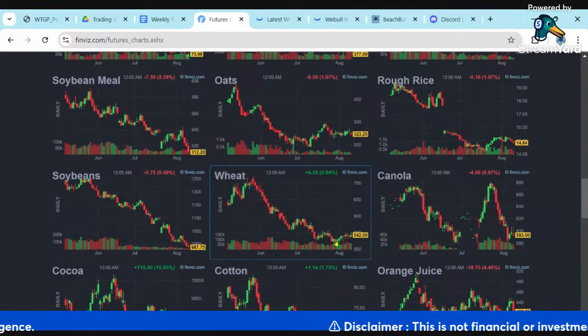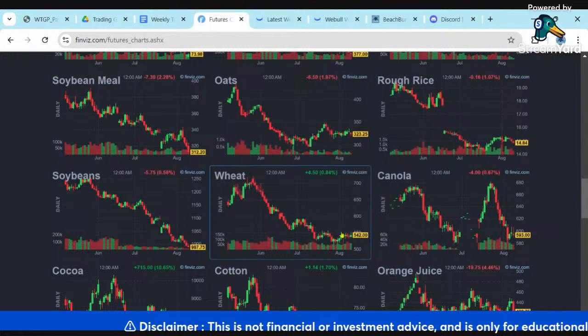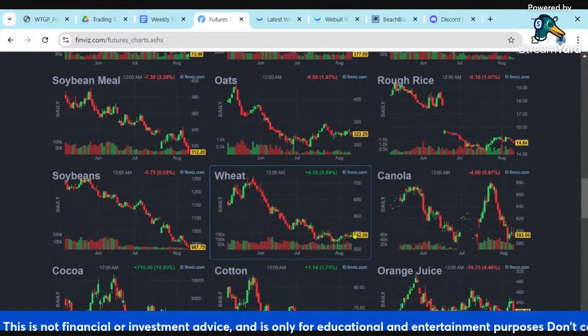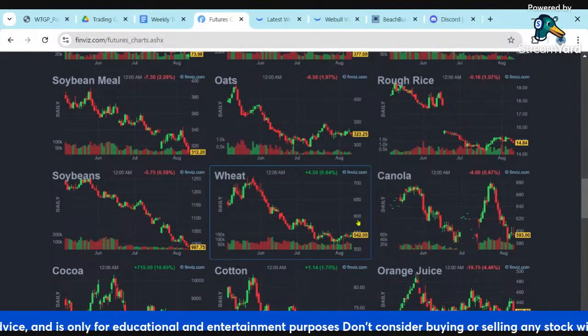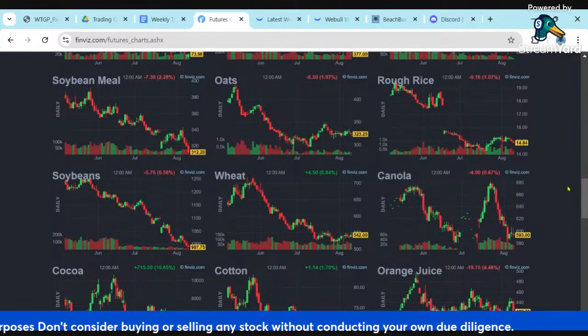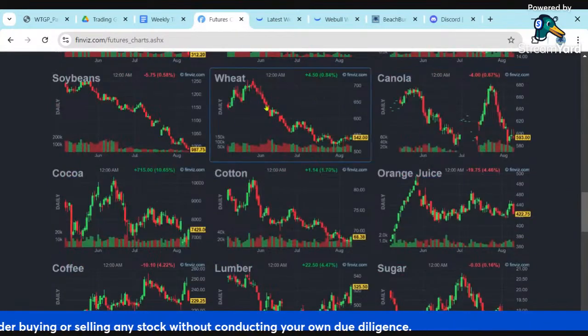We can see wheat kind of bottom, swing up, try to break that 550, briefly broke above that, got rejected. I would expect it to try to retest that 550. If it breaks above that, then we'll see it retest the previous high, and we'll see if we get a long-term swing back up. Again, we're still long wheat with the WAT ETF.